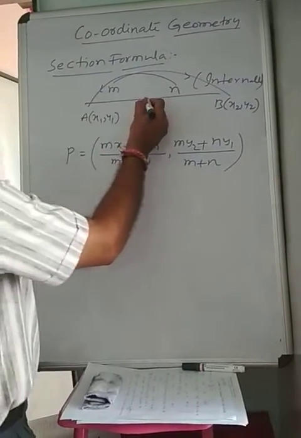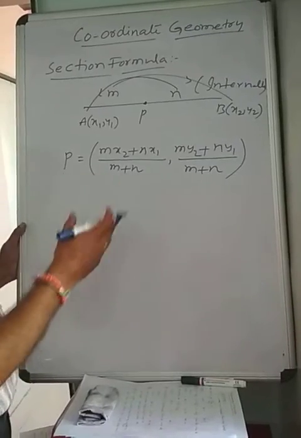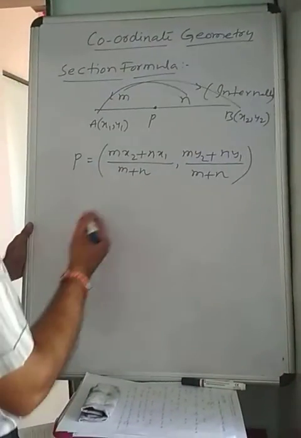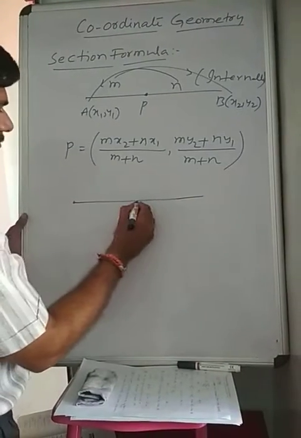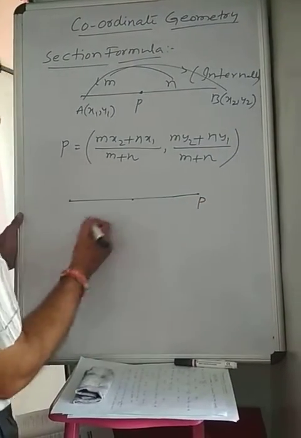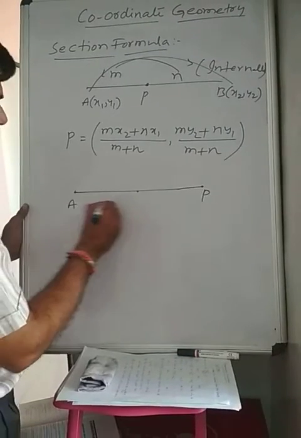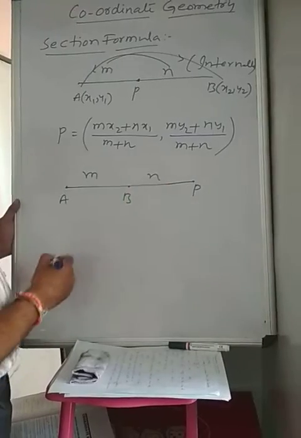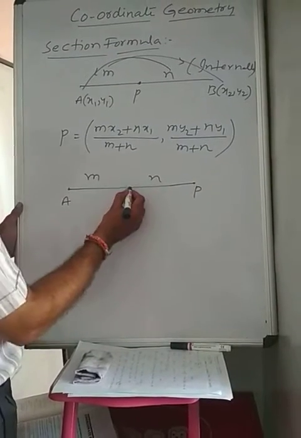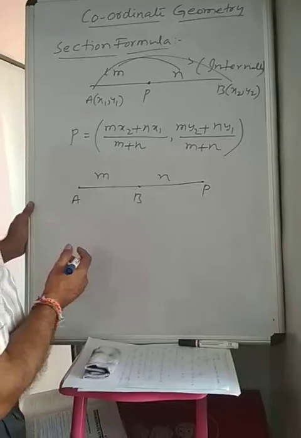So that is when P divides internally. But suppose P divides externally, that is, P divides the line segment AB externally in the ratio m is to n. Now the point P is outside of AB, that's why we write externally.